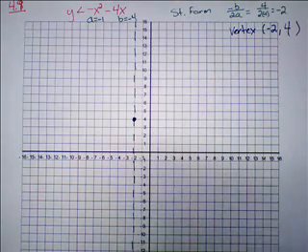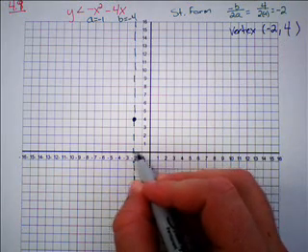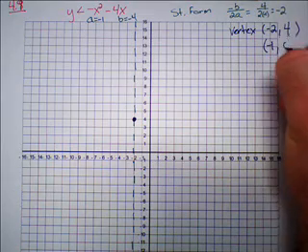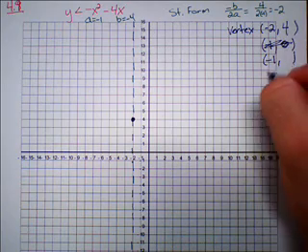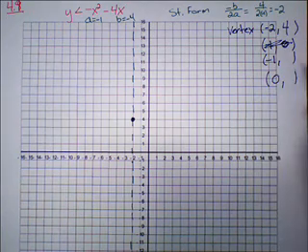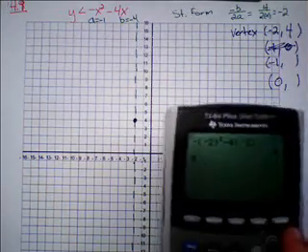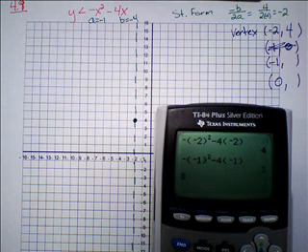And I pick 2 points to the right or to the left, it doesn't matter. I'm at negative 2, so I'm going to pick negative 1 and 0, and do the exact same thing. I'm looking for 2 points, negative 1 something and 0 something. So I'm just going to hit second and enter, and change all those 2's to 1's. And I get 3.